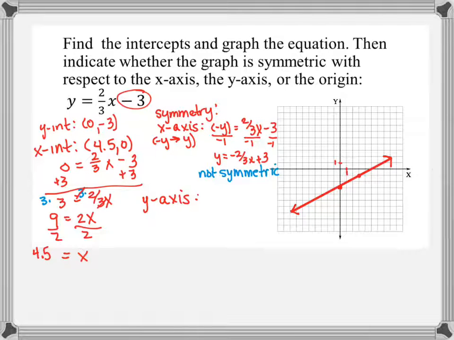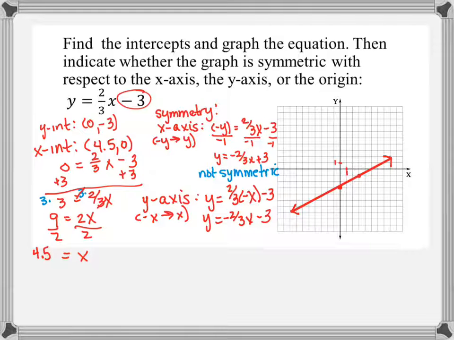Okay, let's look at y-axis symmetry. To check this, we will substitute in the opposite of x everywhere we see x in the original equation. So y equals 2/3 times the opposite of x, or -x, minus 3, which simplifies to y equals -2/3 x minus 3, which again is not the same as our original equation.